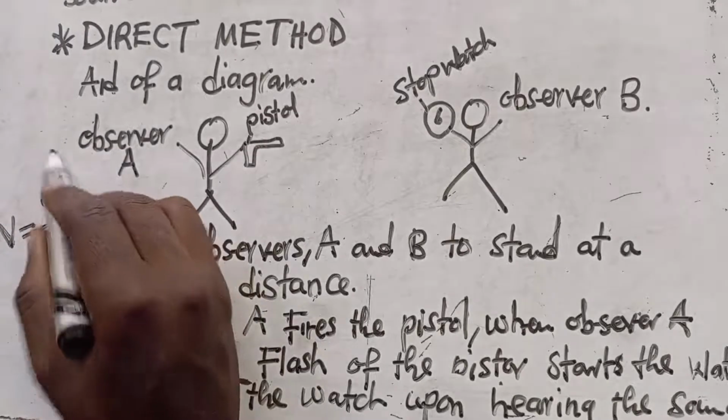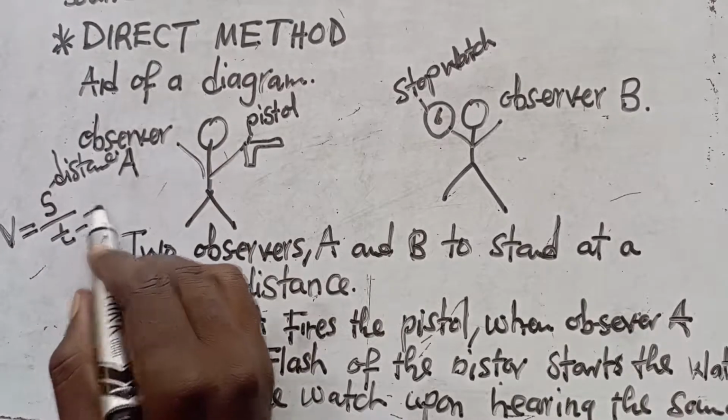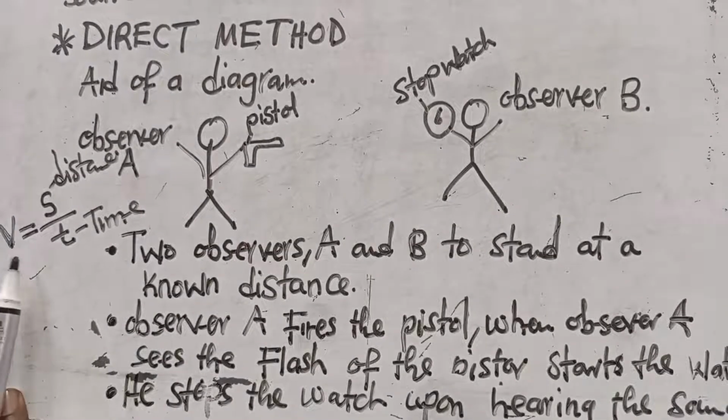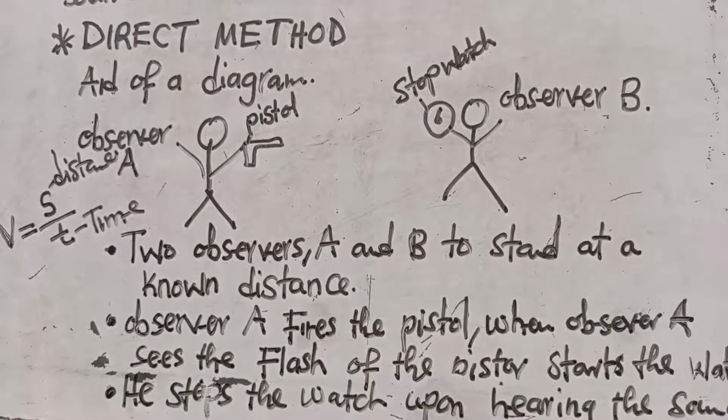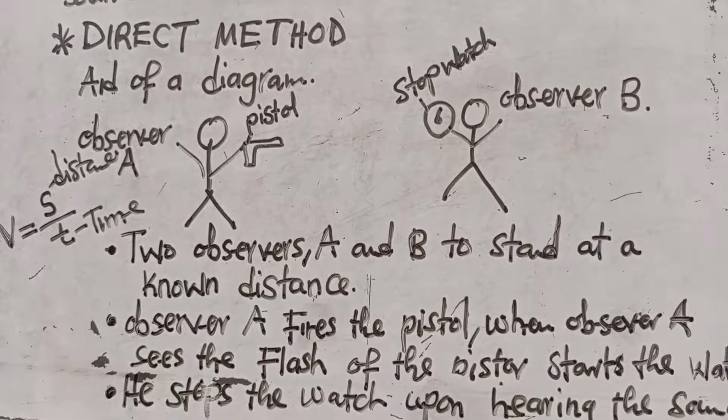That one is distance, and down here is time. So at the end, you conclude that the speed of sound using the direct method can be calculated using the formula velocity equals distance over time. This is the first thing you need to get. This is the direct method that you've started with.